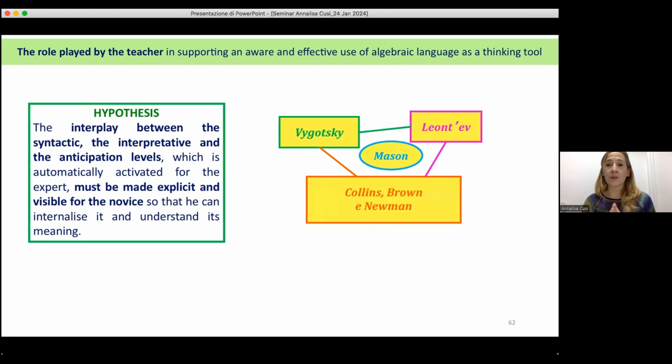And so it's important that during the lessons, during the discussions, students, novices, have the opportunity to see this interplay. So the teacher should make explicit and visible this interplay in order to enable students to internalize the necessary competencies and understand the meaning of what they are doing.